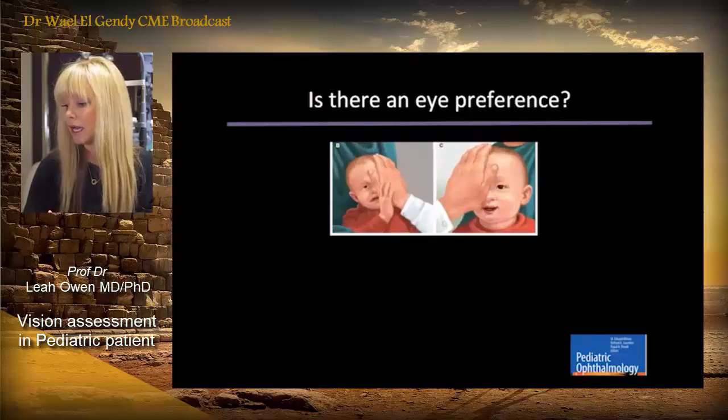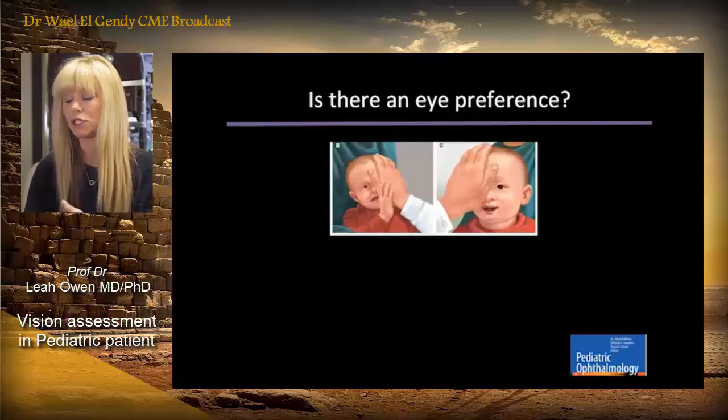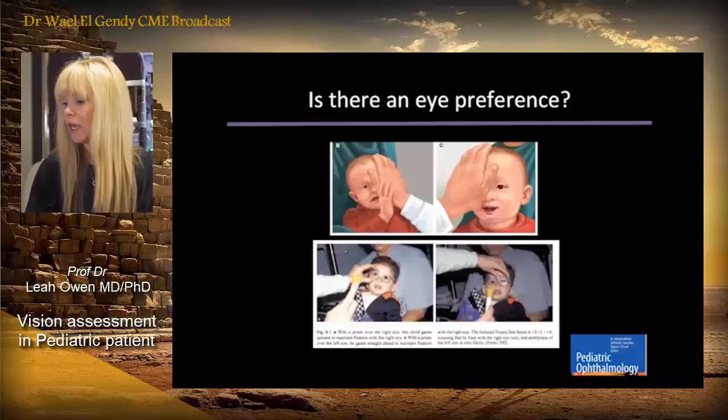And so this child, you can see when you cover one eye, the child is unhappy. When you cover the other eye, the child doesn't really care. And so that tells you that the child may have a preference for, in this case, the left eye, the eye that the child is unhappy when you cover.